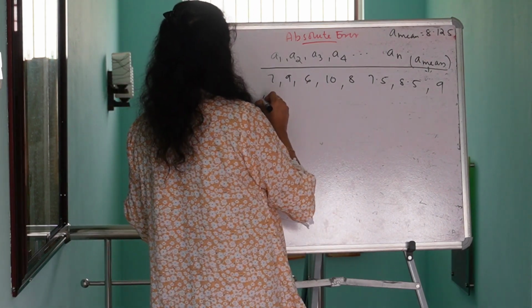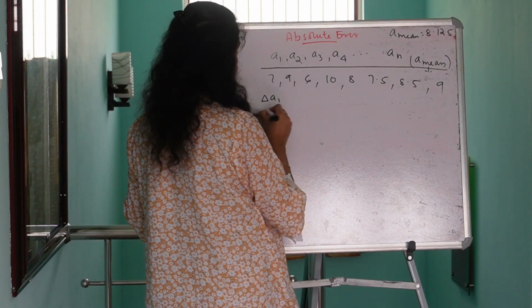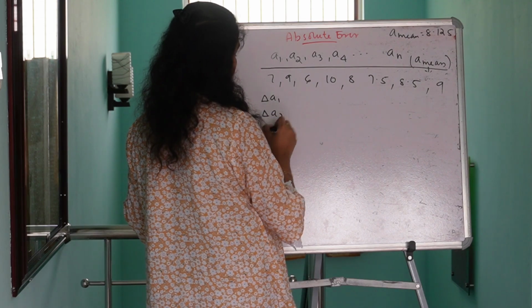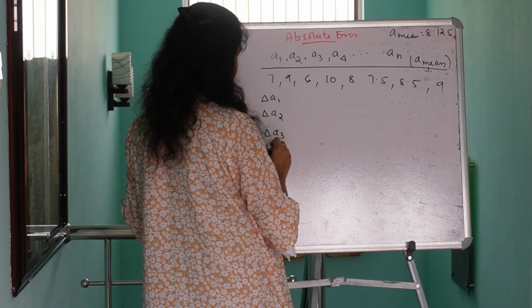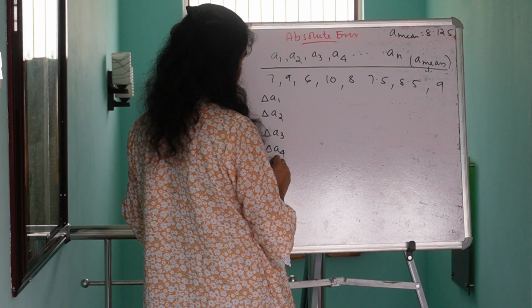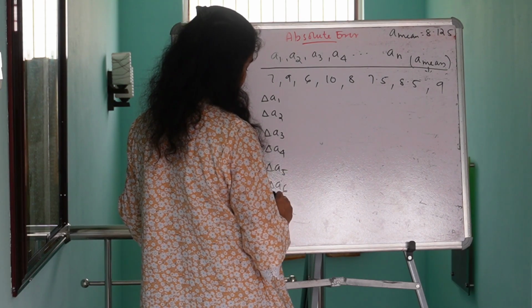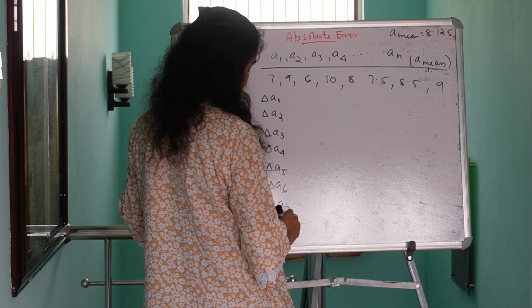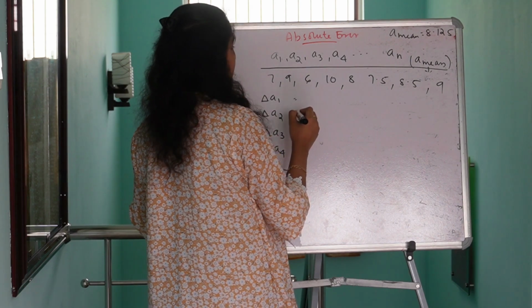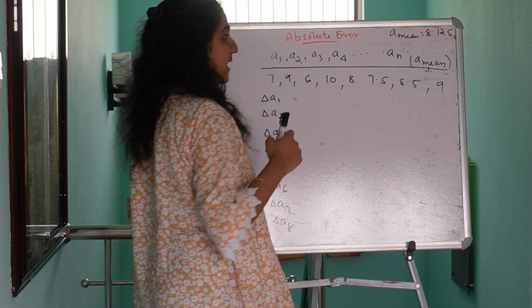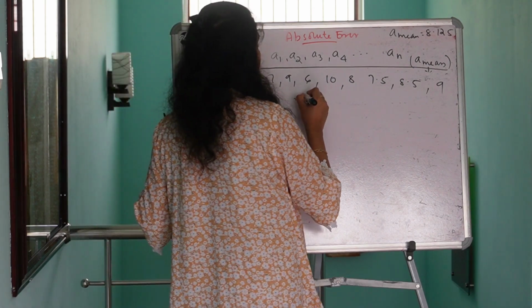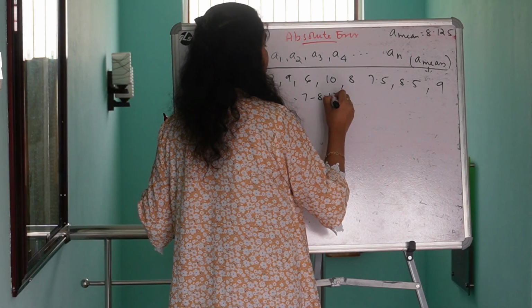Here we have 8 measurements: del A1, del A2, del A3, del A4, del A5, del A6, del A7, del A8. So what is the error in the measurement A1? Here 7 minus 8.125.